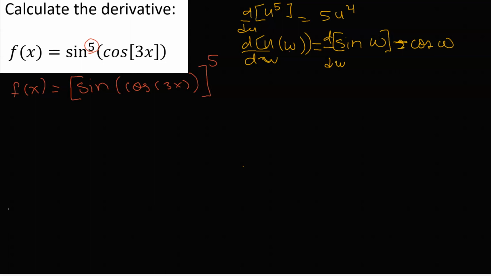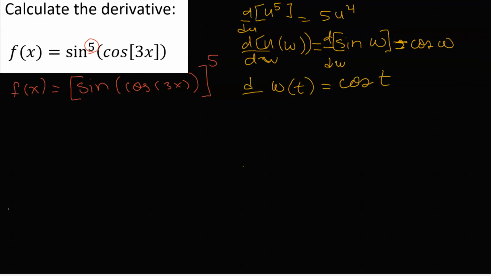And then we would say, well, there's another inside function, right? So we would say w is now in terms of, I don't know, call that a t. I'm running out of letters here. w is cosine of some t.